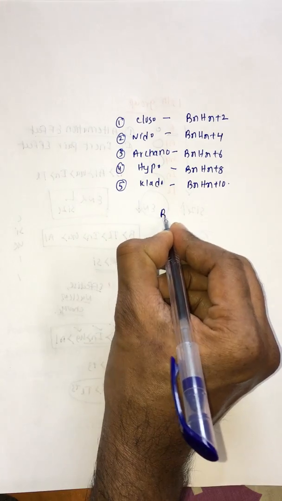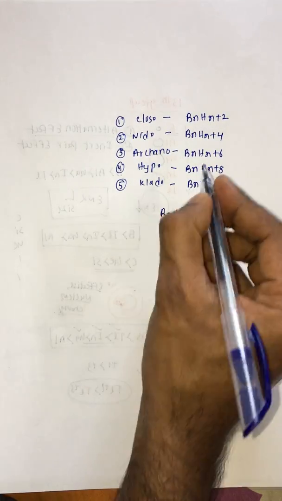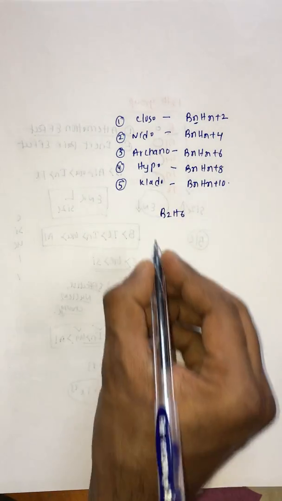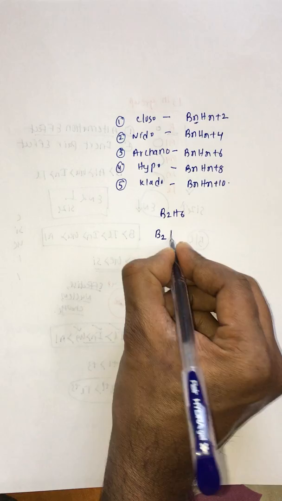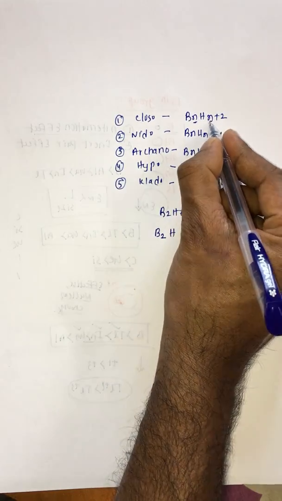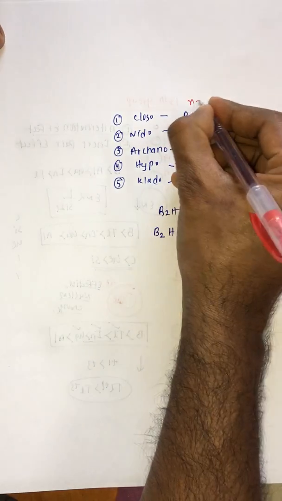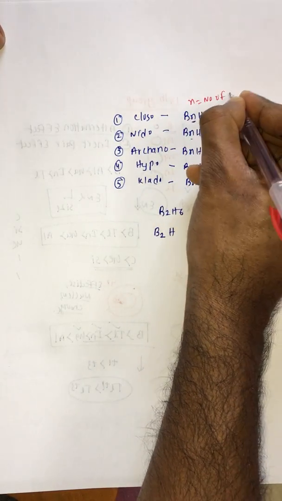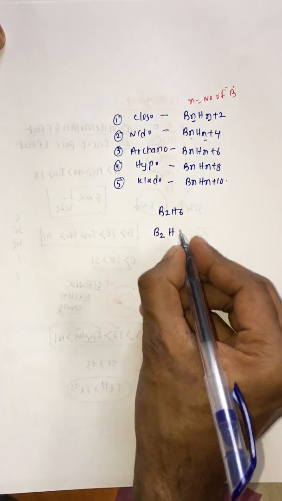If you take diborane, it is B2H6. Here n means the number of borons, right? n equals the number of borons. Now in B2H6, how many borons? 2.